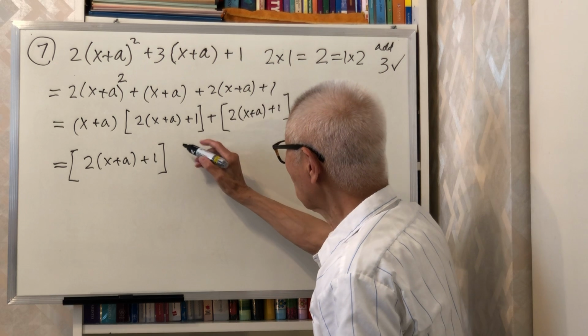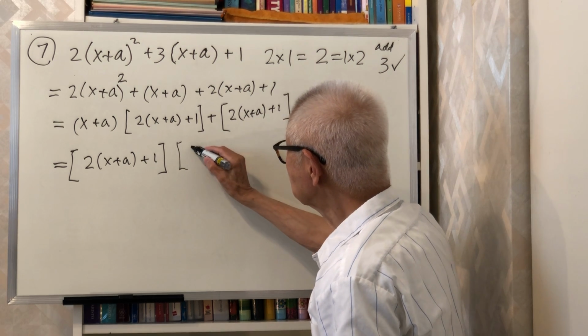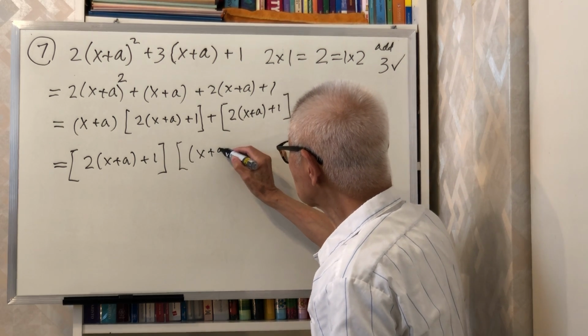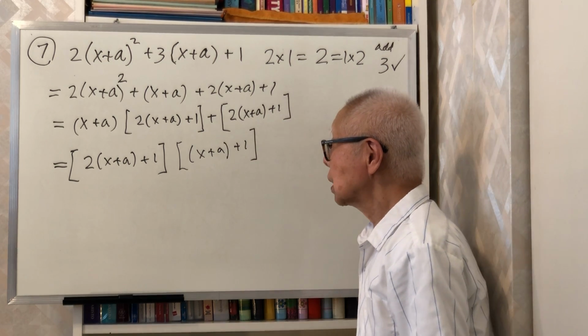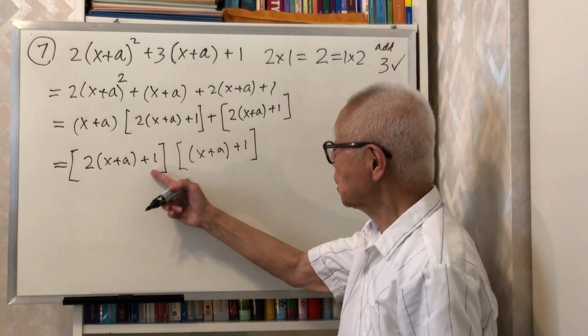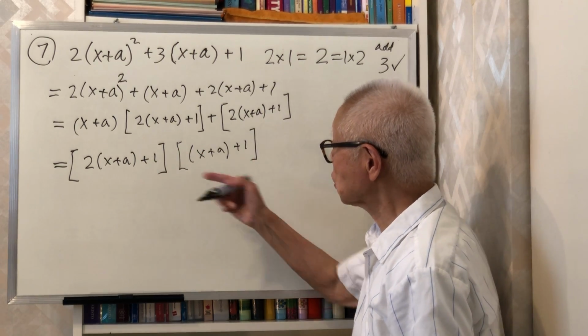1 is here. Now I simplify the inside of the two square brackets.